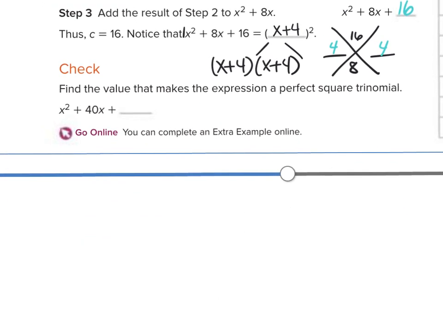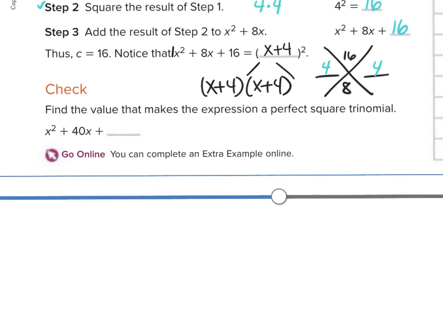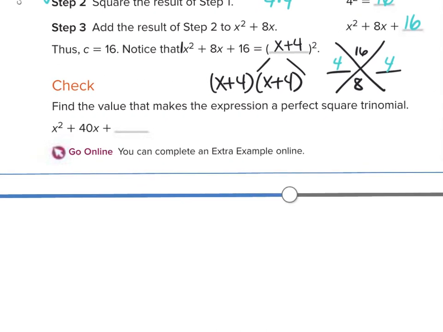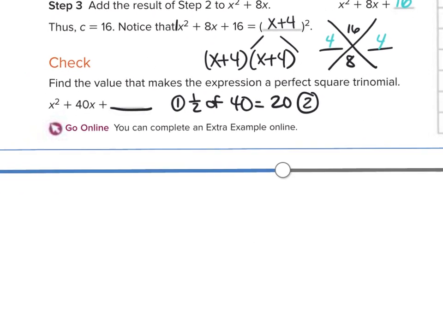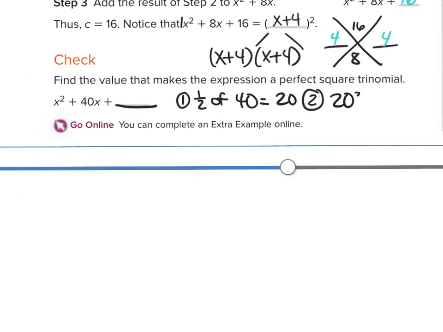It says, find the value that makes the expression a perfect square trinomial. So you're going to find that constant for c. Okay. I'm looking for c. So first I take half of what? Half of 40 equals 20. Step 2 would be to square 20. So 20 squared.